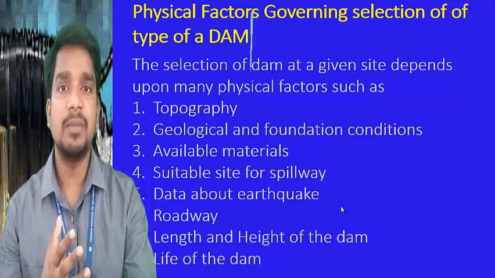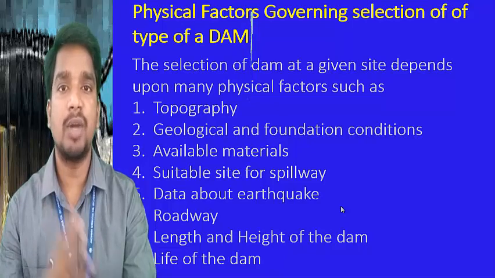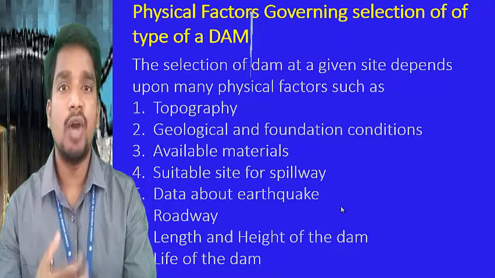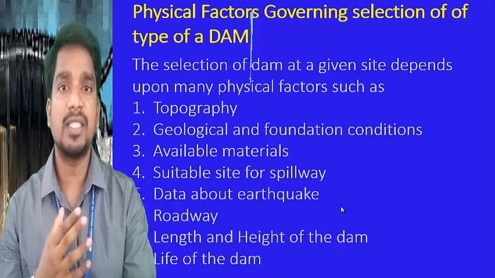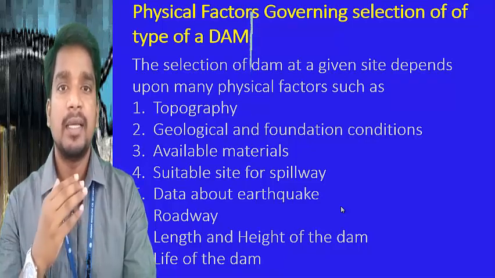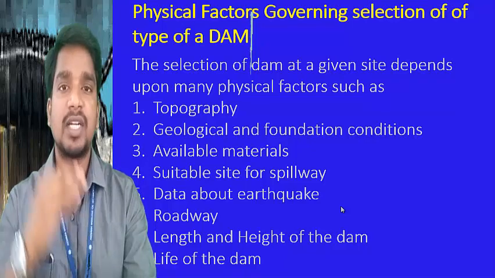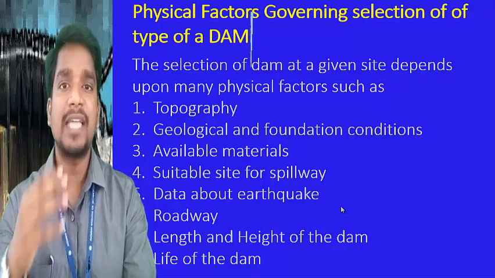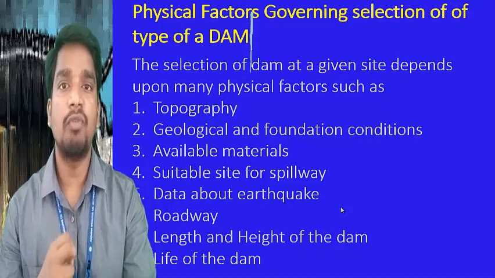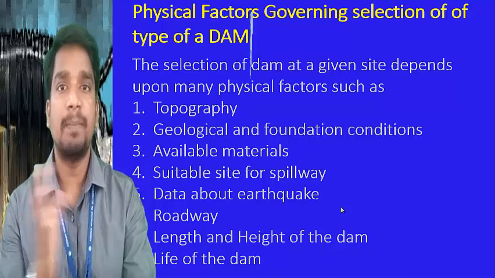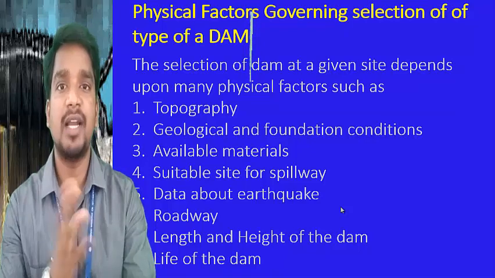This kind of flexibility or design provision is not provided in non-overflow dams, because there is no spillway or crest. The non-overflow dam is constructed at a certain height above the maximum expected flood level, so that there is no chance of water overflowing. So the basic difference is a change in the hydraulic design.